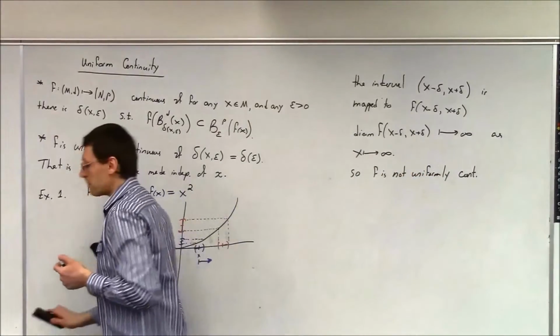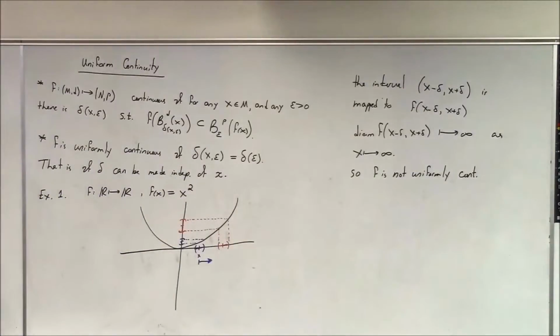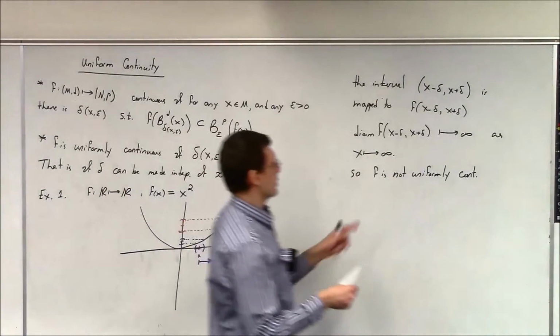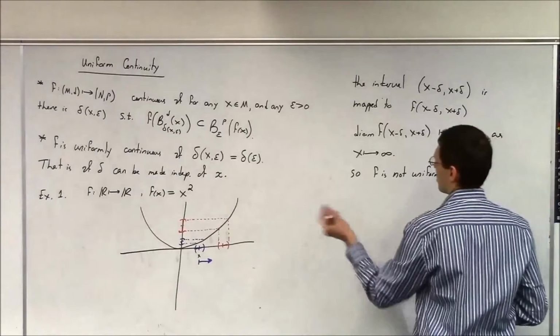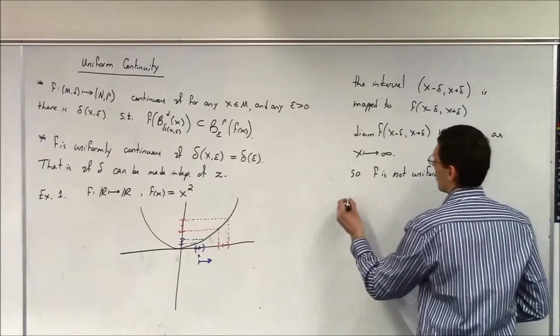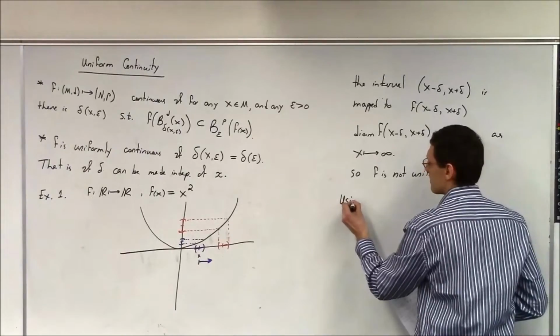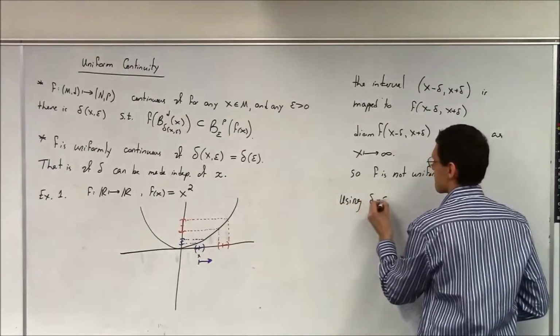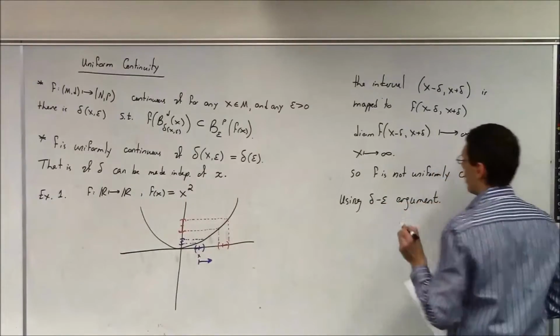So, okay. Let's see. Using delta epsilon, f is not uniformly continuous, as I mentioned. Let's actually show the dependency on a using a standard delta epsilon argument. What can we do?